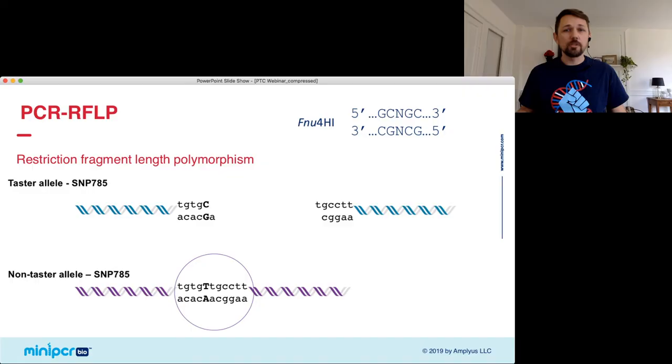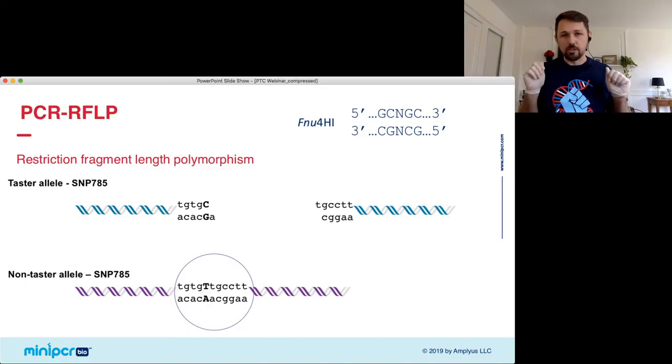Now, just to be really clear about this, there's nothing special about FNU4H1. The recognition sequence just happens to have SNP 785. They happen to overlap. FNU4H1 would probably cut this gene in other places far down the way. It cuts your genome all over the place.